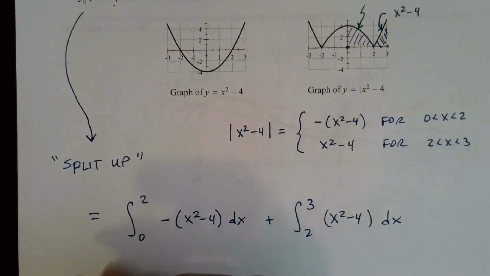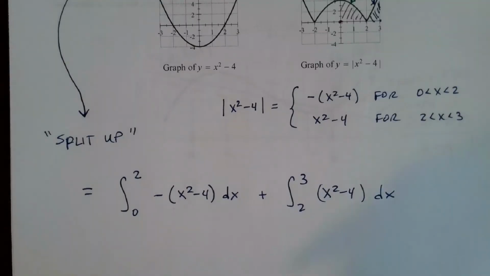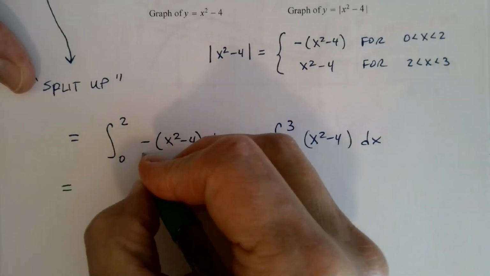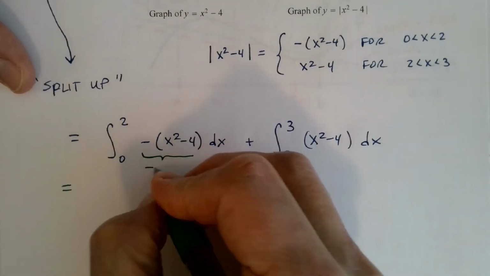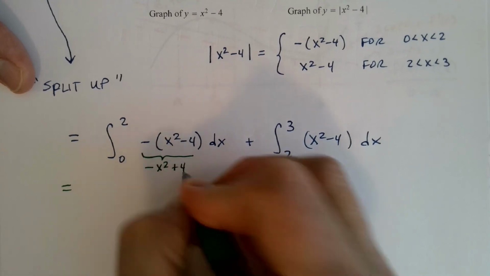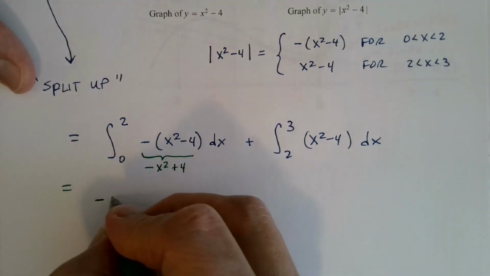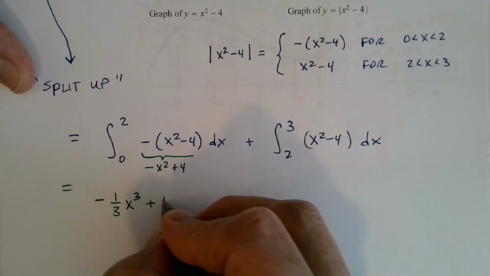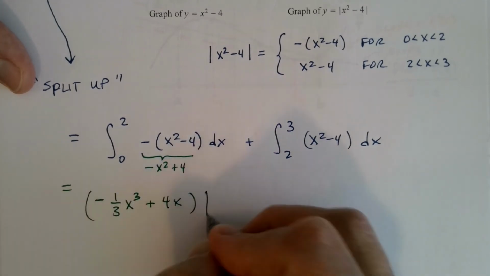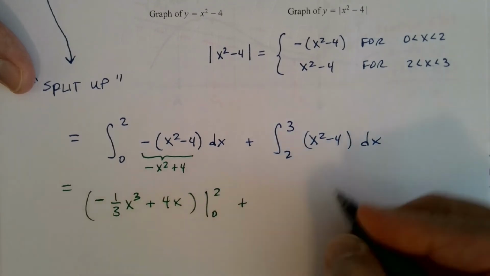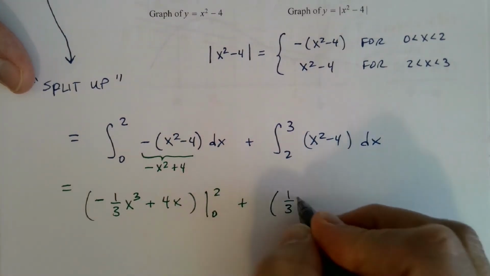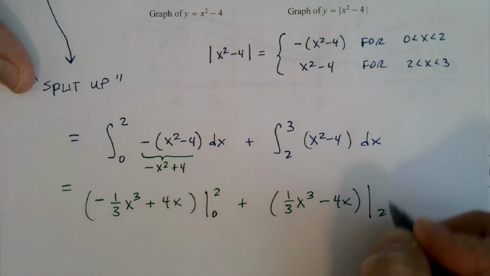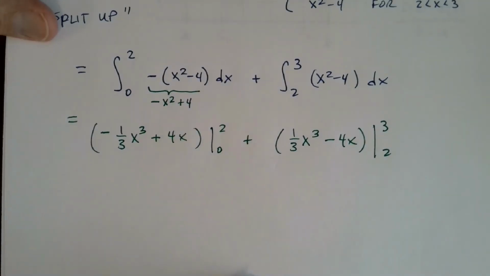Okay. So we can do the nitty-gritty details now real quick here. Of course, I would distribute that negative through, as I did up there, negative x squared plus 4. So the antiderivative here is negative 1/3 x cubed plus 4x. And over here, it's just 1/3 x cubed minus 4x. Okay.